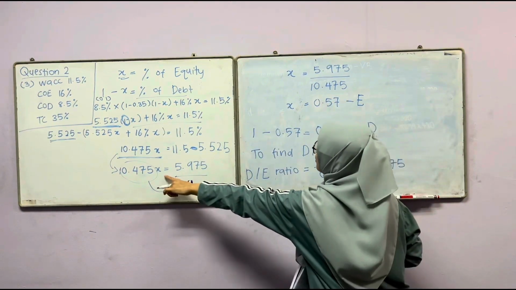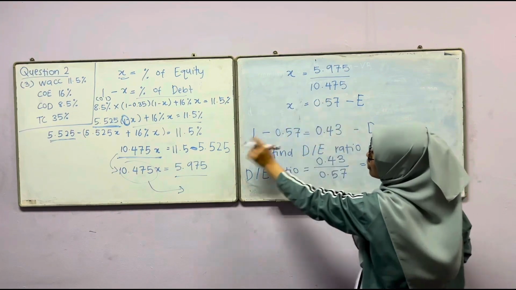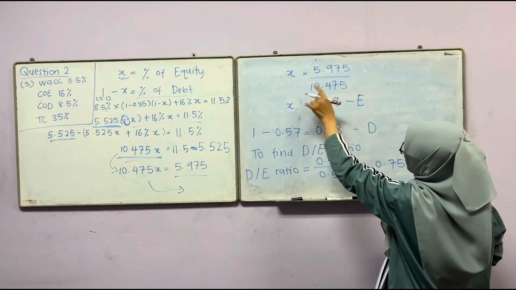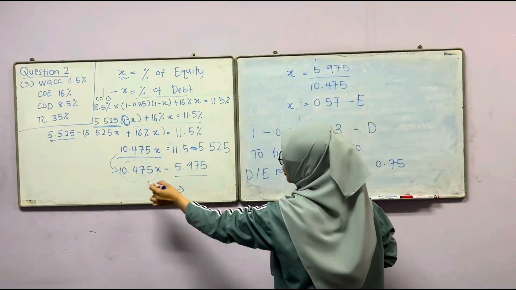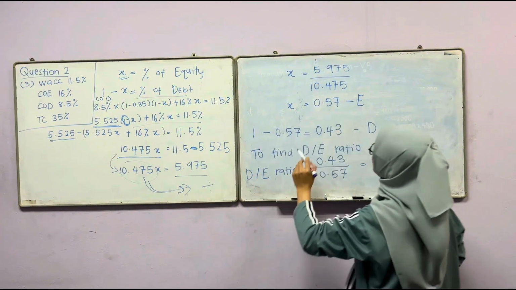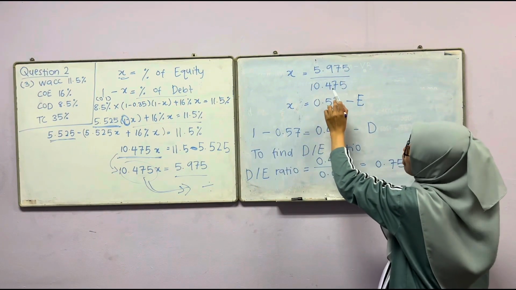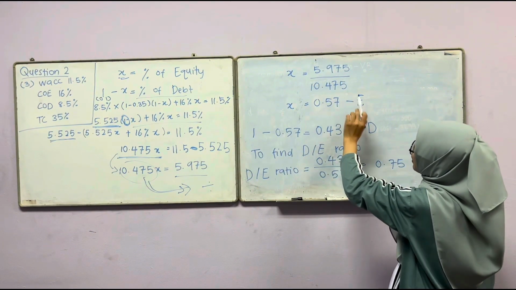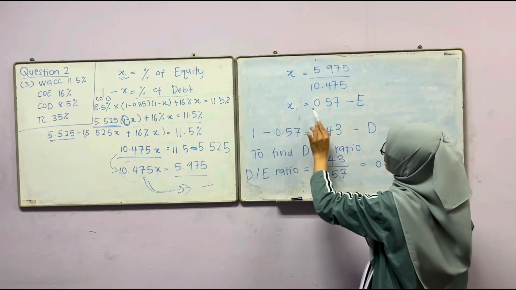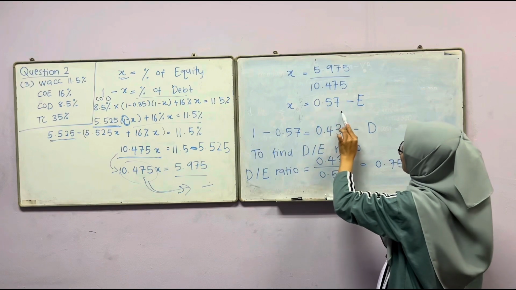So X equals 5.975 divided by 10.475, and when we divide, we get X equal to 0.57.